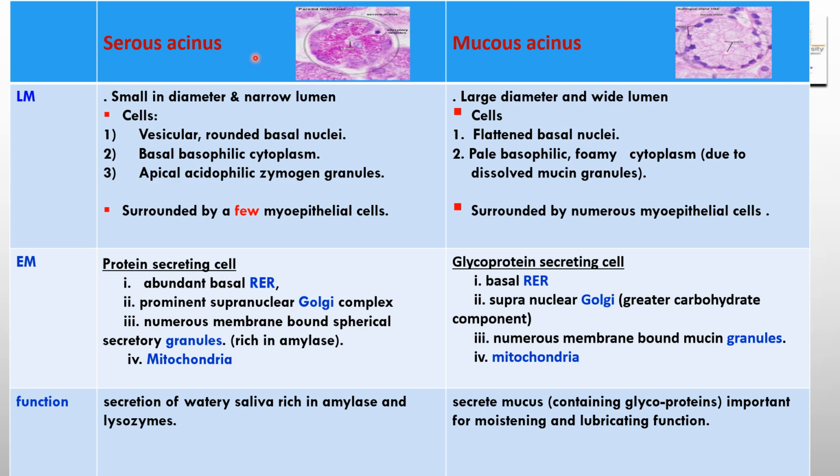As we mentioned before, serous acini secrete watery saliva rich in amylase and lysozymes, while mucus acini secrete mucus secretion, thick and viscid, containing glycoprotein, which is important for moistening and lubricating function.